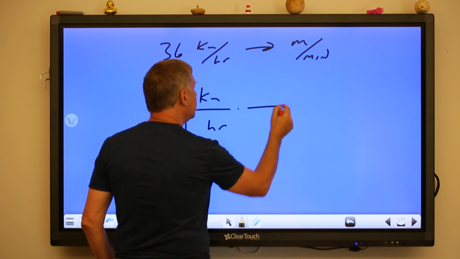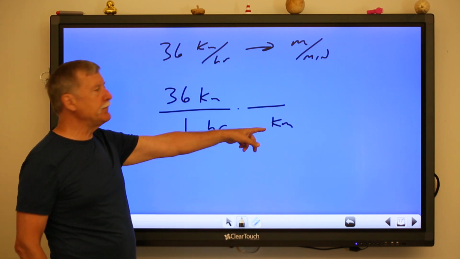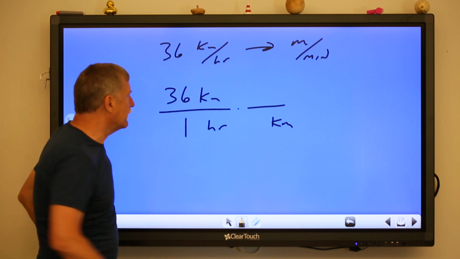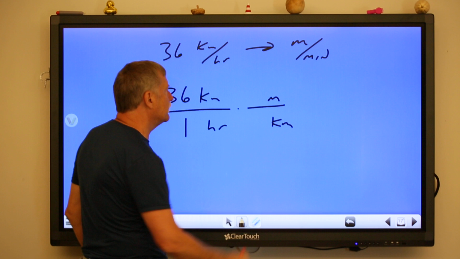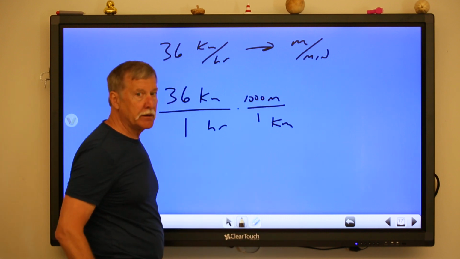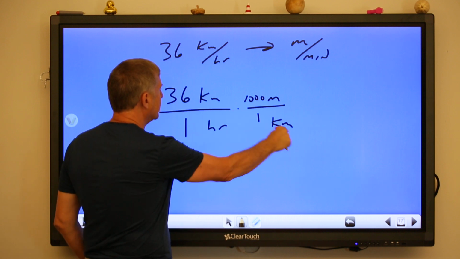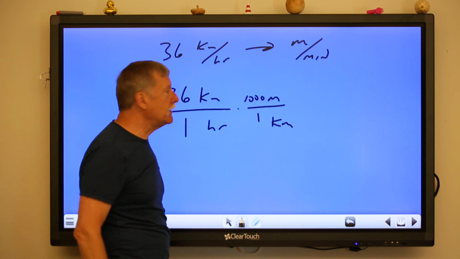So if we get rid of kilometers, I'll write a unit multiplier with kilometers in the denominator so that they'll cancel out. And the relationship between meters and kilometers, we know there's 1,000 meters in 1 kilometer. You see what I'm doing? I'm getting rid of kilometers here and getting the meters on top where we want it.